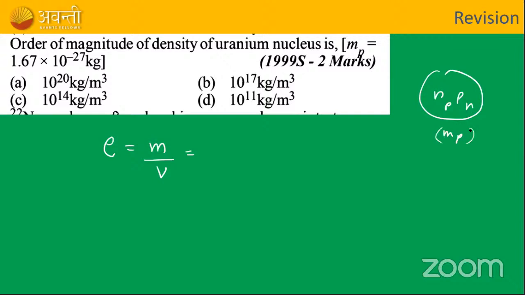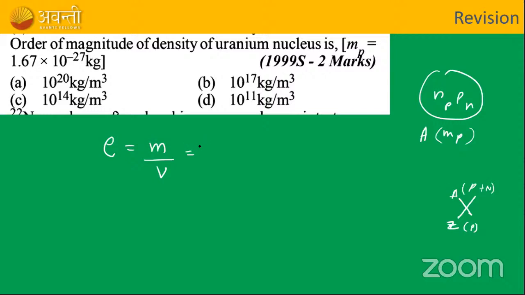I'll put MP. And how many of them are there? There are A of them, the atomic mass number. For example, we write every element as X with Z and A, where Z is called the atomic number. It gives us the number of protons. Atomic mass number A gives number of protons plus number of neutrons. So A gives the total number of nucleons in the nuclei.